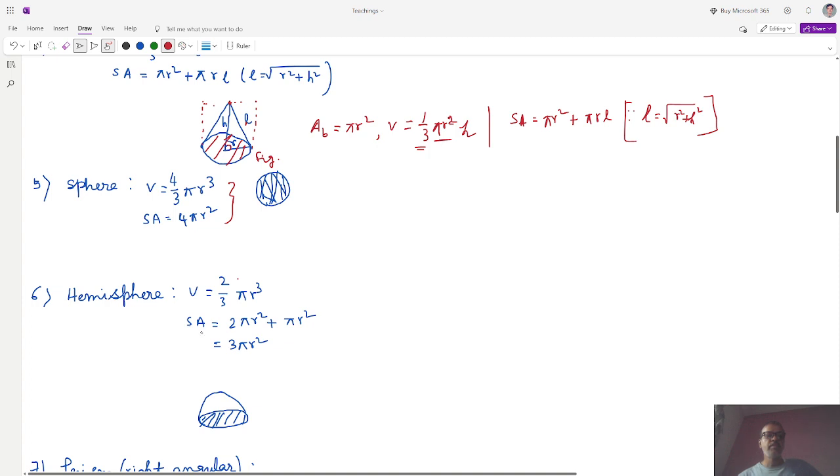And what will be the surface area of hemisphere? If we remember the surface area of sphere, then we can easily find out the surface area of hemisphere.